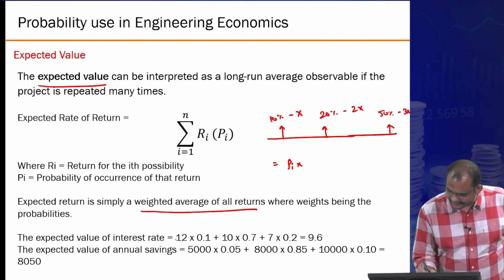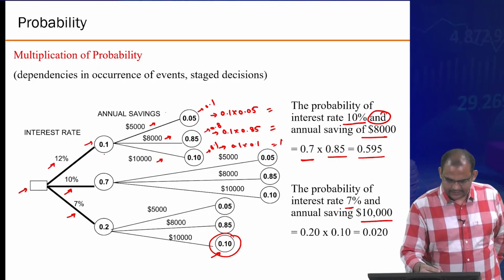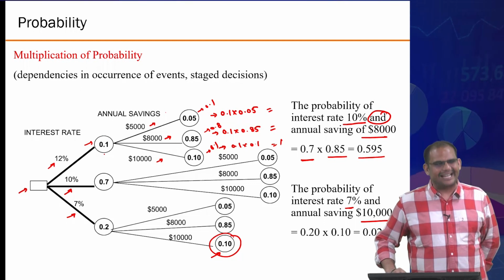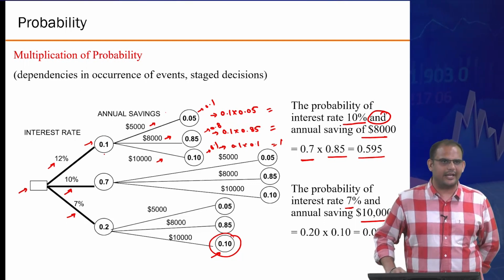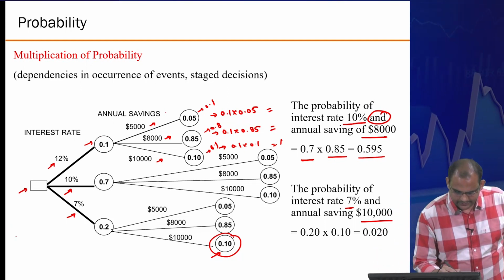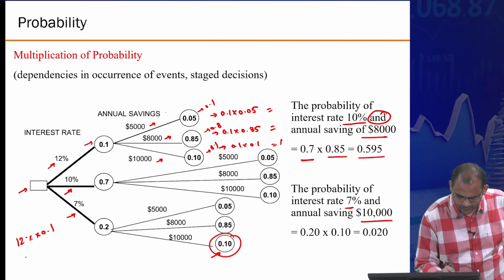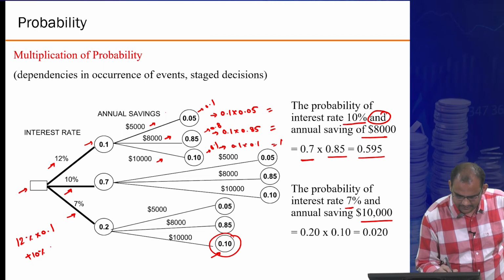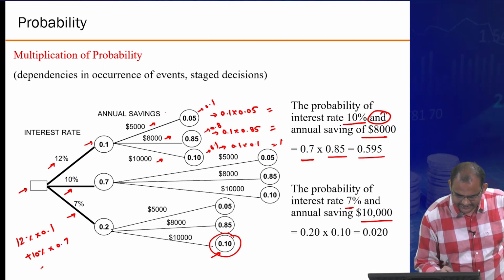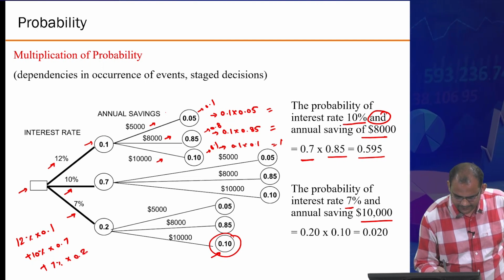For example, in the previous case, for the expected value of the interest rate, on average you can expect an interest rate of 12% multiplied by 0.1, 10% multiplied by 0.7, plus 7% multiplied by 0.2.